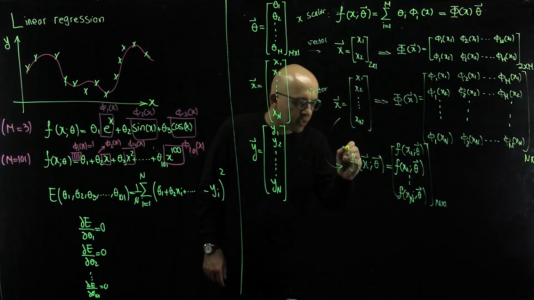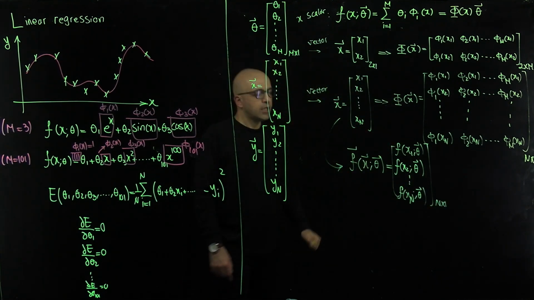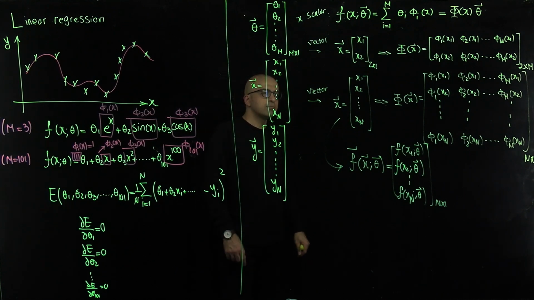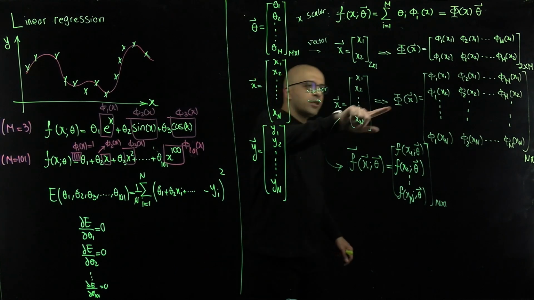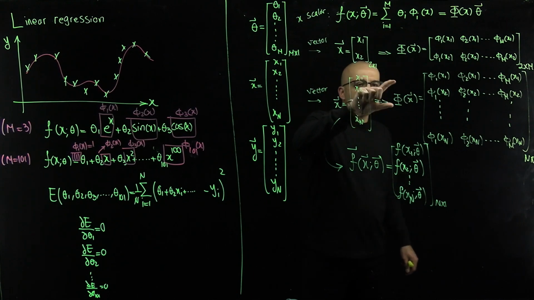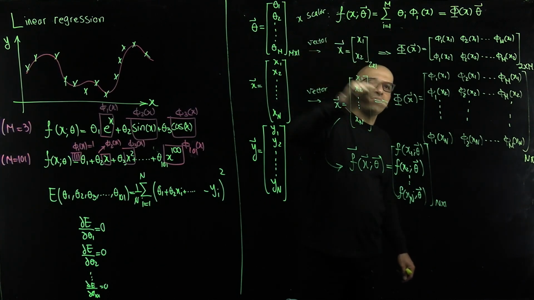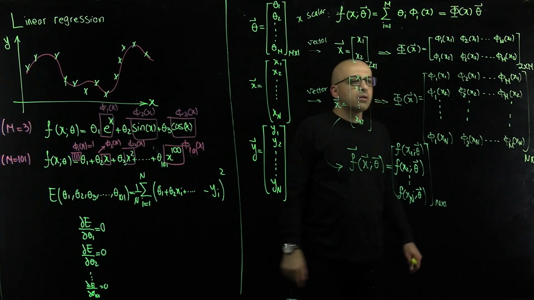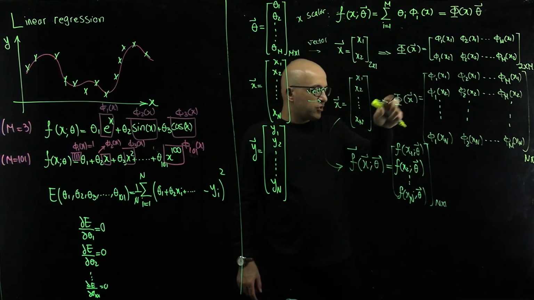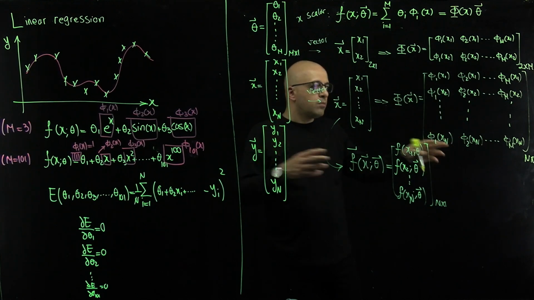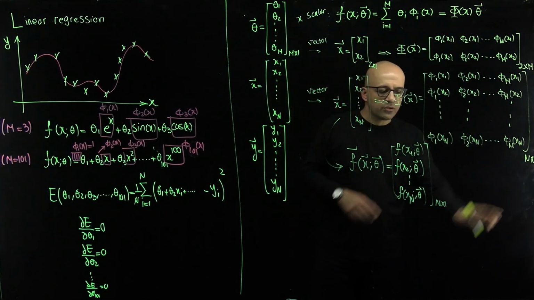And so because this is now a vector, I'm going to put an arrowhead on top of f as well. The reason I didn't put an arrowhead for phi when we had x1 only is that it was the special case of a matrix. For phi in general, the matrix of all basis functions evaluated at all points is in general a matrix.